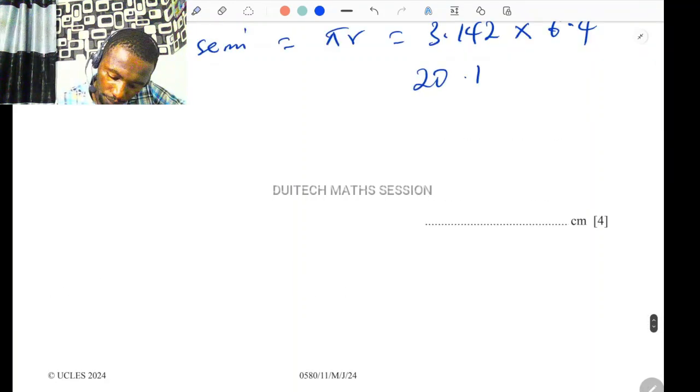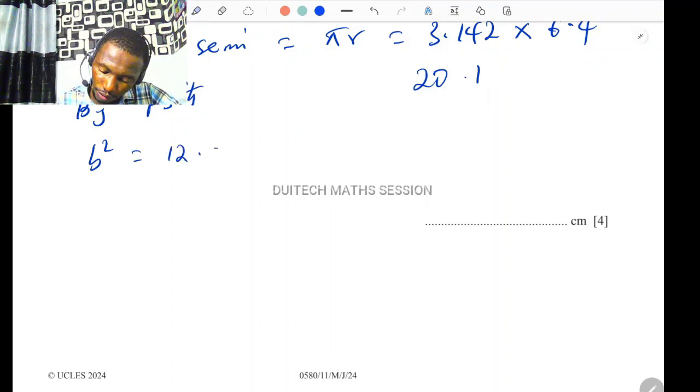By Pythagoras, we'll say b square is equal to what? 12.8 square plus 12.8 square.